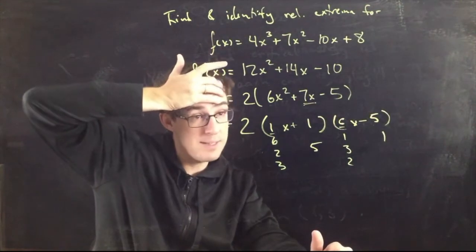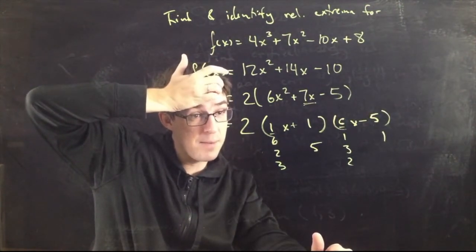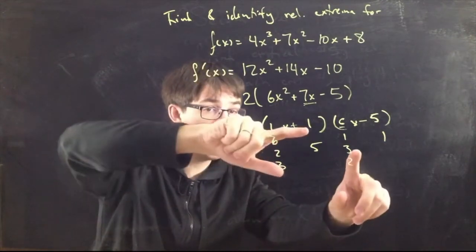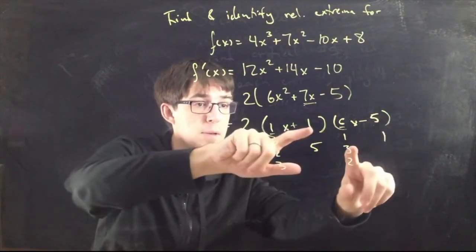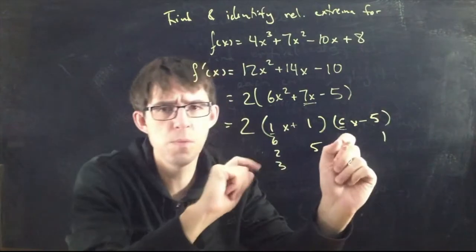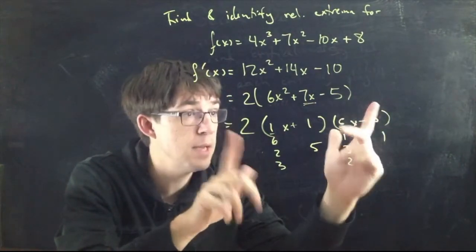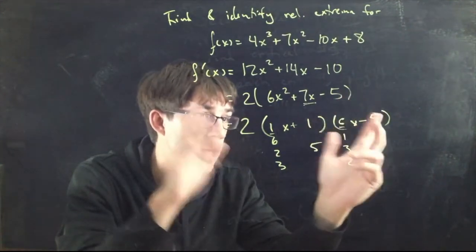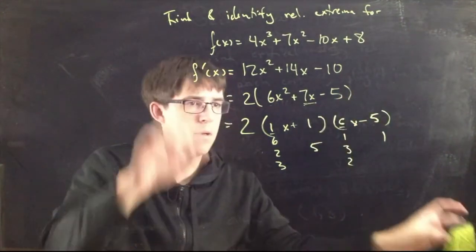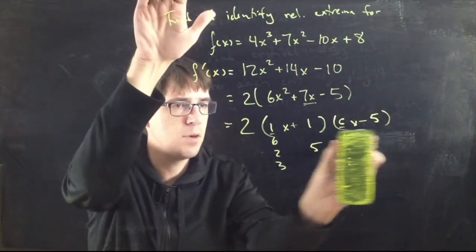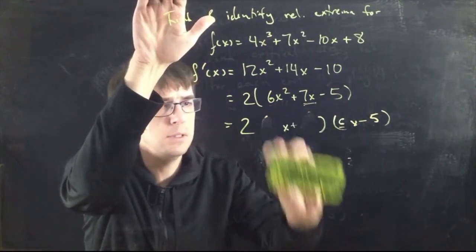Maybe I'll look and see, can we make this add up to 7? How about 3 times 1 and 2 times 5, right? That 3 times 1 would be 3, and then 2 times 5 would be 10. If we can make the 10 positive and the 3 negative, I think it'll add up to 7.